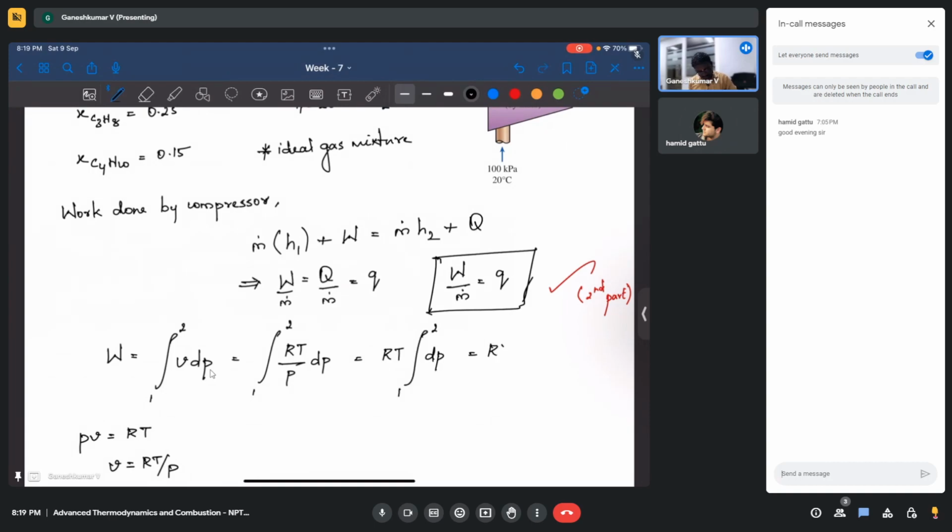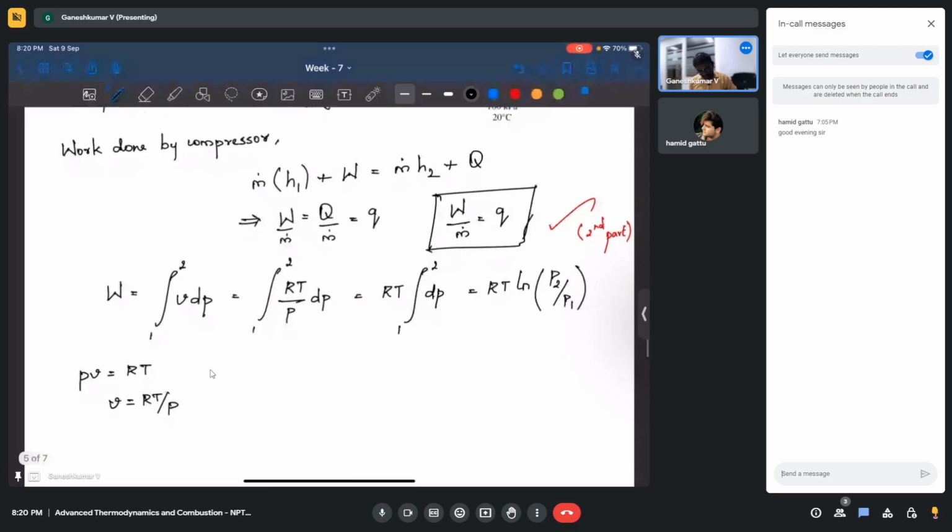So it's going to be RT ln of P2 by P1. This R is nothing but RU by the molecular weight of the mixture. P1 and P2 we know, T we know, RU also we know.